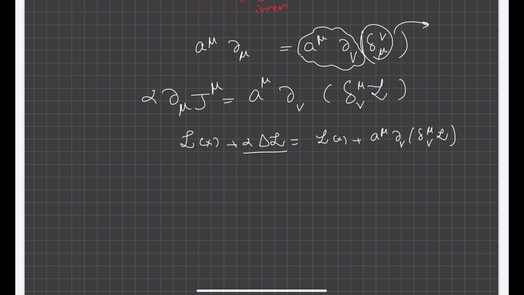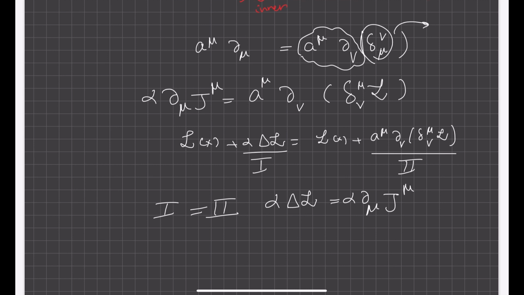Now you can correspond these two terms here. So term I, term double I. So I is equal to double I. That means alpha delta Lagrangian, which was basically alpha, the mu's derivative of j mu, is equal to a mu, a nu times delta mu nu, the Lagrangian.